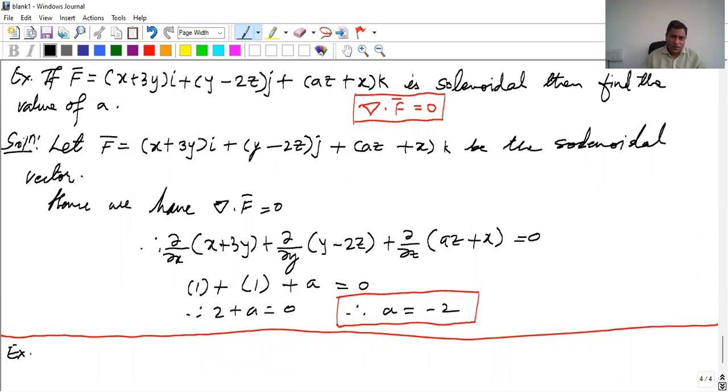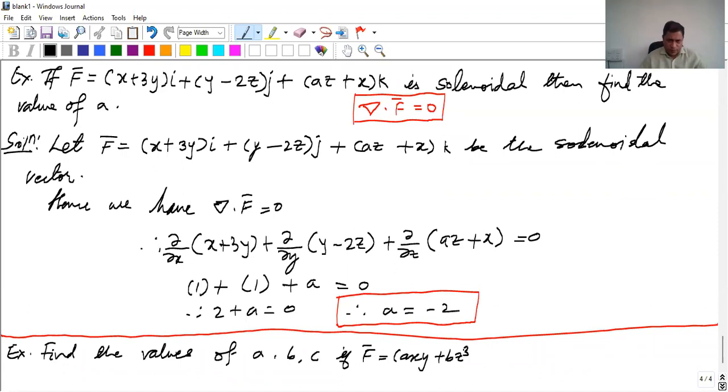So let us go with another example. Find the values of A, B, and C if F bar is equal to (axy + bz³)i + (3x² - cz)j + (3xz² - y)k is irrotational.